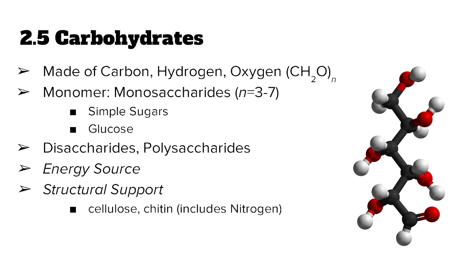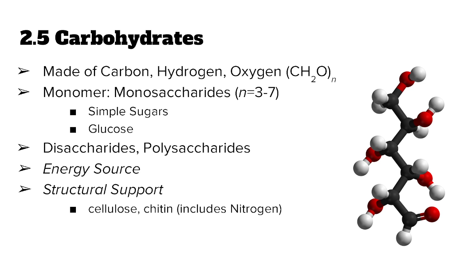And these make up our simple sugars, including glucose, the one that we spent a lot of time with the past 2 weeks. If you put 2 monosaccharides together, you get a disaccharide. And if you keep adding to that chain, you get polysaccharides. Remember, mono means 1, di means 2, and poly means many. Carbohydrates are a great source of energy for fast energy.